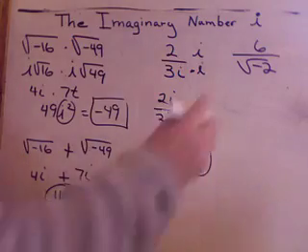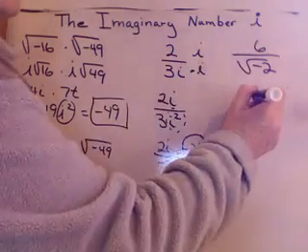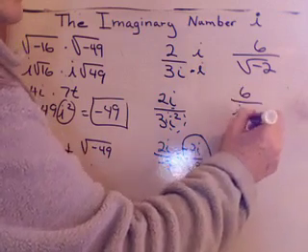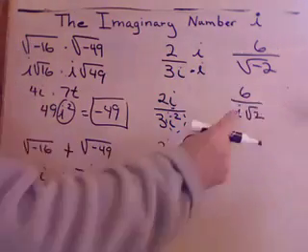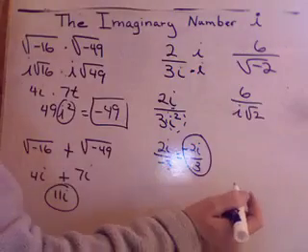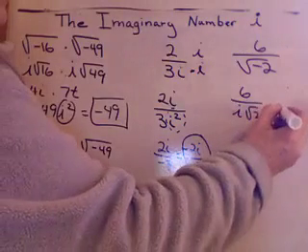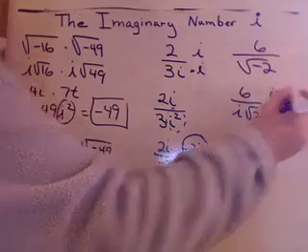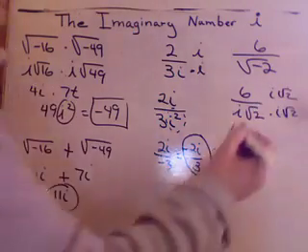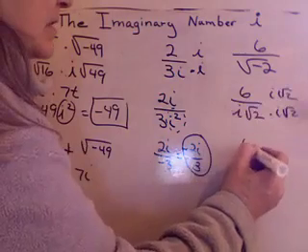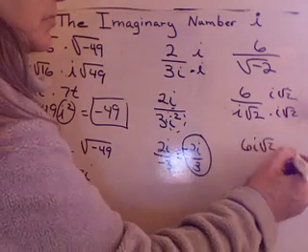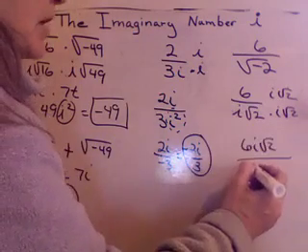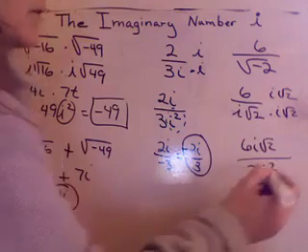All right, next one. Change it into imaginary first, so 6 over i root 2. 2 problems. Can't have an i in the bottom, can't have a root 2 in the bottom. So multiply by i root 2 over i root 2. All right, so you get on the top 6i root 2. On the bottom, you get 2i squared.